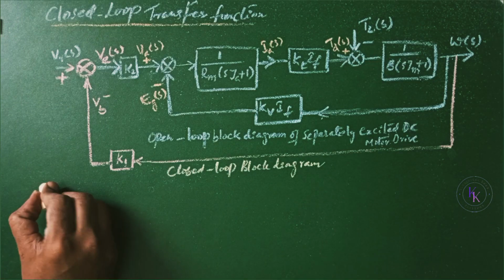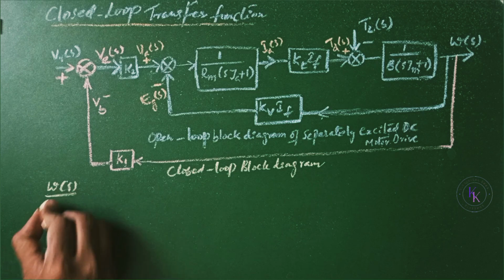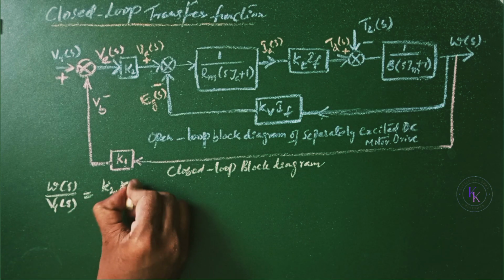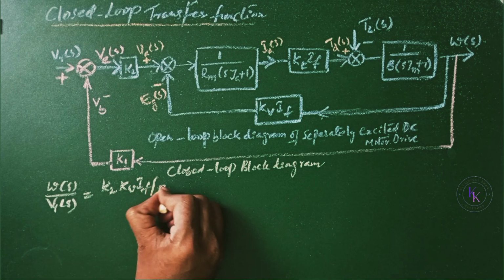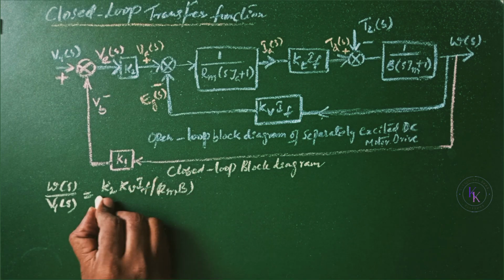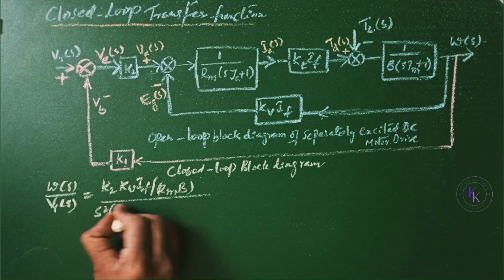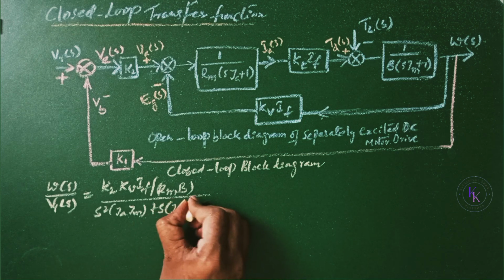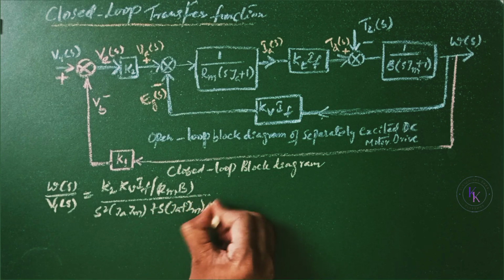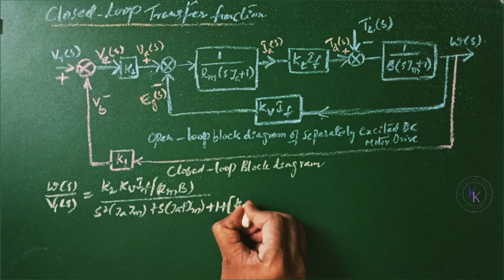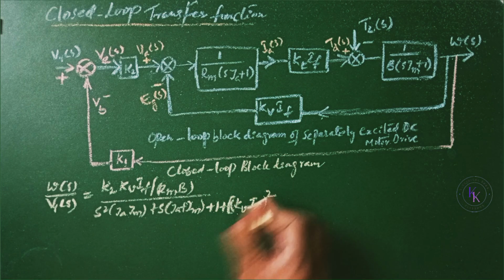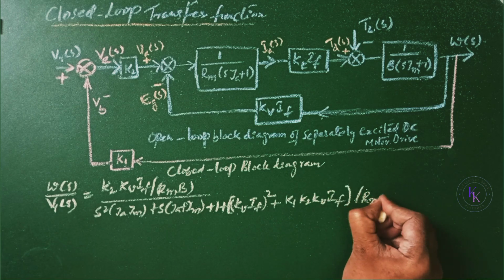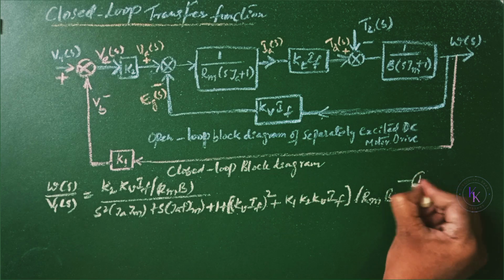Then the transfer function will become omega(S) divided by VR(S) equals K2 kV IF divided by Rm B, divided by S square tau A tau M plus S (tau A plus tau M) plus 1 plus (kV IF) whole square plus K1 K2 kV IF divided by Rm B. Let it be equation number 1.